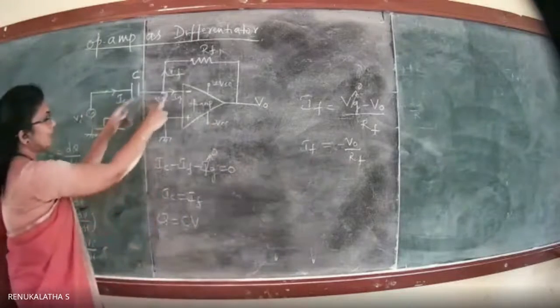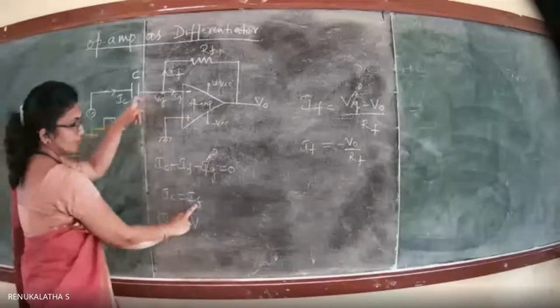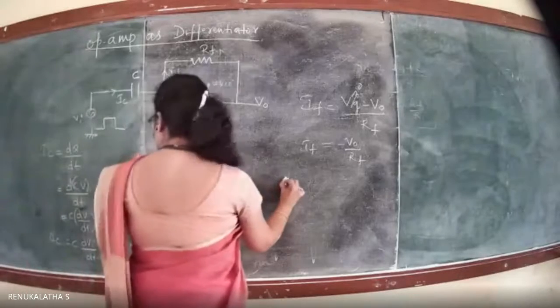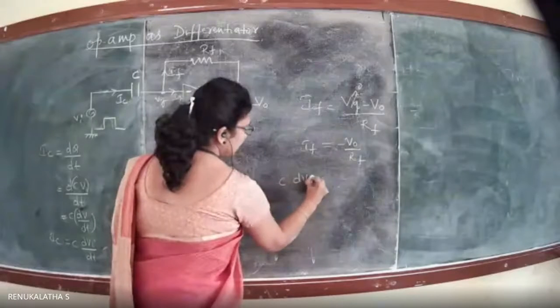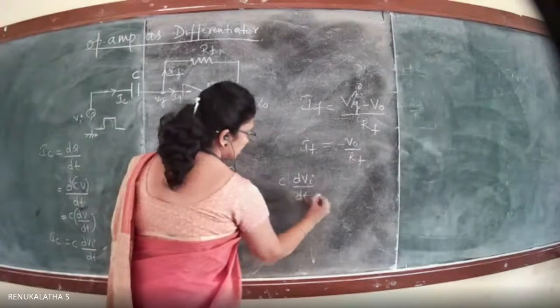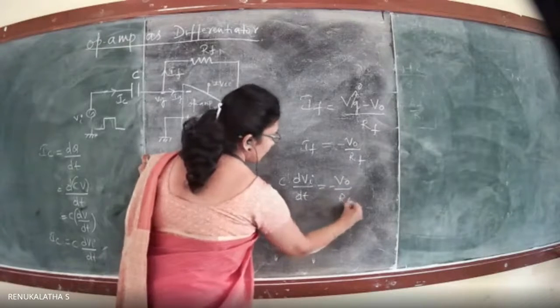We already know, by taking the algebraic sum of currents at the junction, that IC is equal to IF. IC we have already found as C into dVi by dt, and that is equal to minus V naught divided by RF.